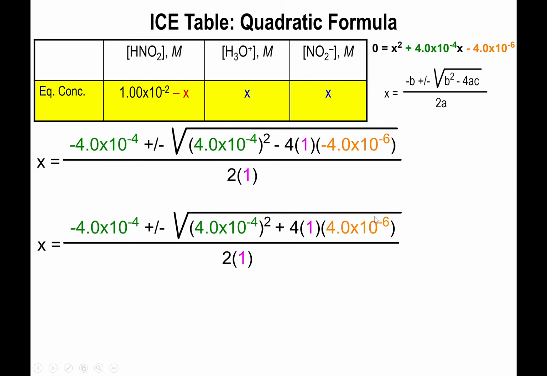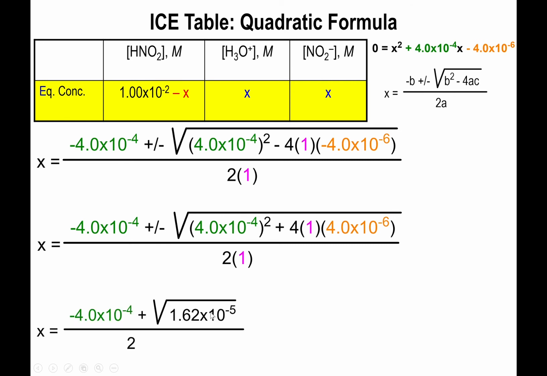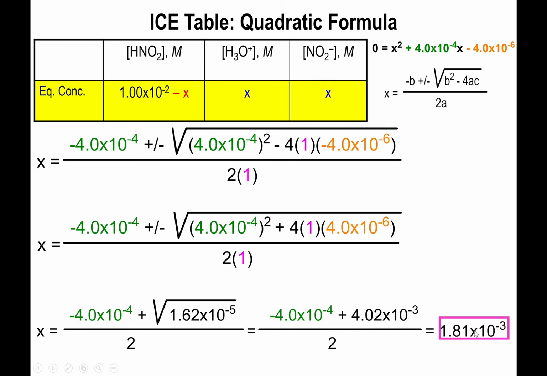So you're going to multiply the values here, 4 times A times C, and ultimately add them to B squared to get the following value. Take the square root of that number and add it to negative 4.0 times 10 to the negative 4. Press enter and then divide by 2 to get a value of 1.81 times 10 to the negative 3. That's the value of x.